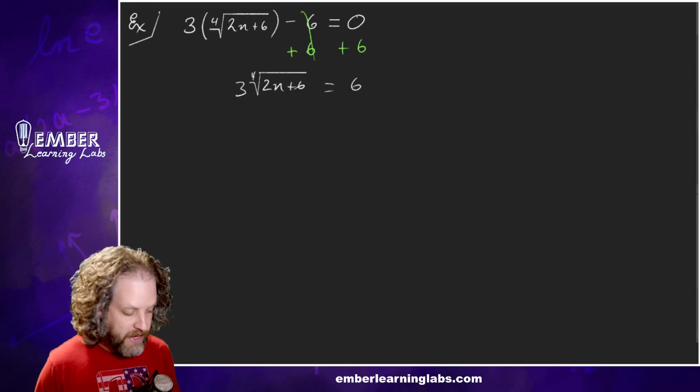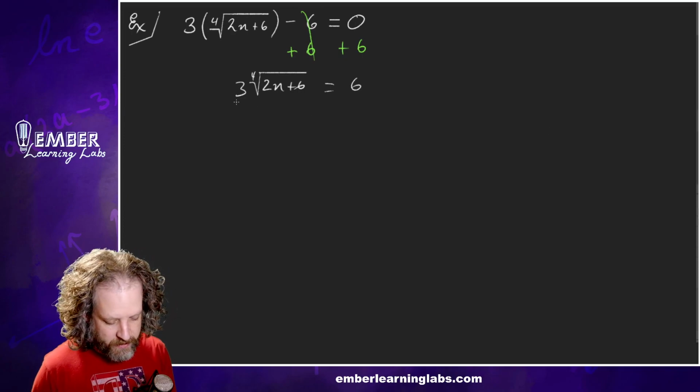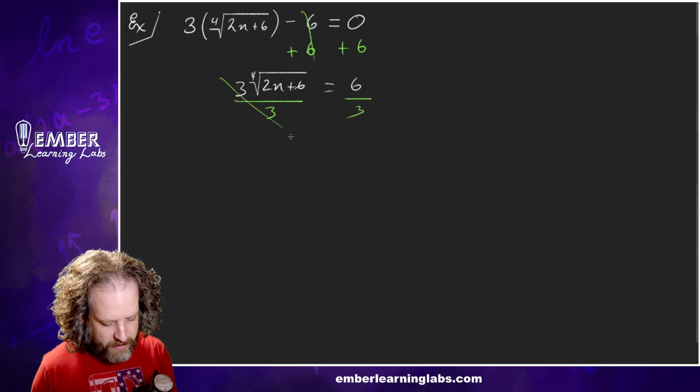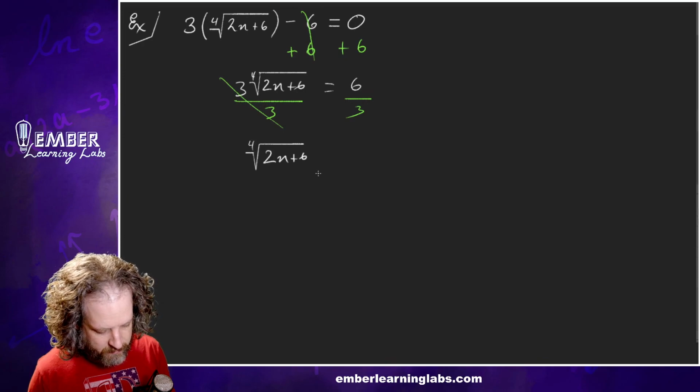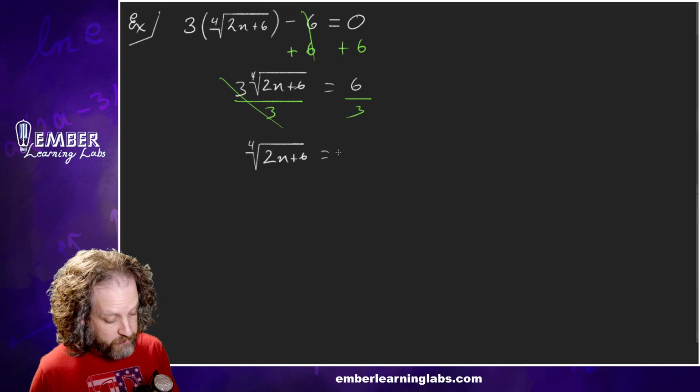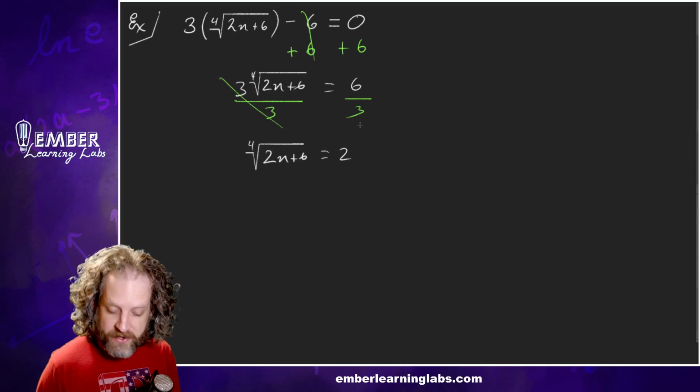We've got to get rid of that 3. It's multiplied, so to get rid of it, we divide by 3. Divide by 3. Cancels over here, leaving us with the 4th root of 2n plus 6 equals 2, because 6 divided by 3 is 2.